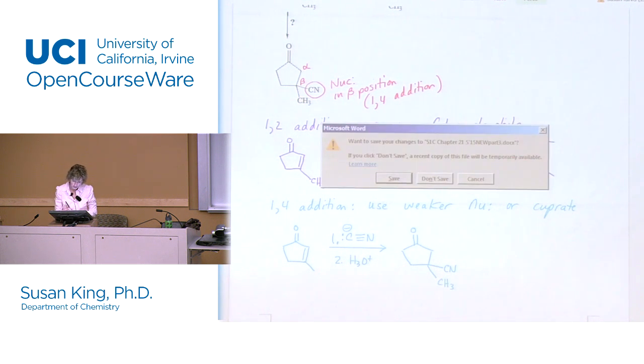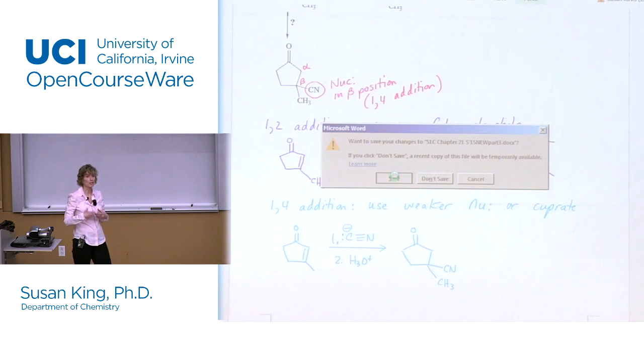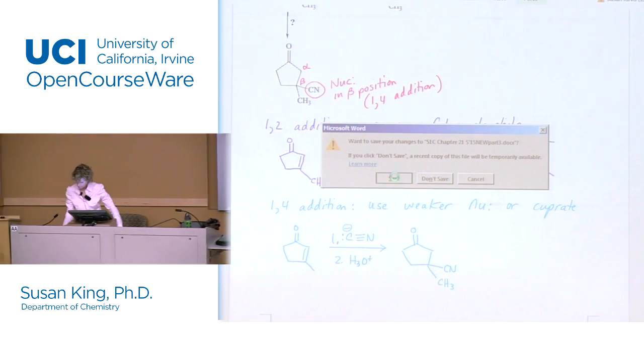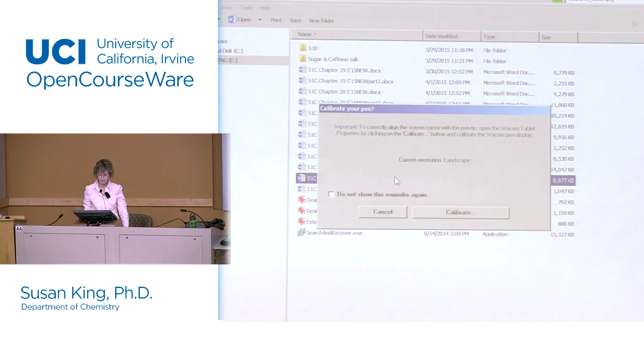So let's save this, and then we're going to start on chapter 22. In chapter 22, we're going to do the same thing we did in chapter 21, but now we're talking about type 2 carbonyls. Any questions about the exam while we're waiting for this to save?